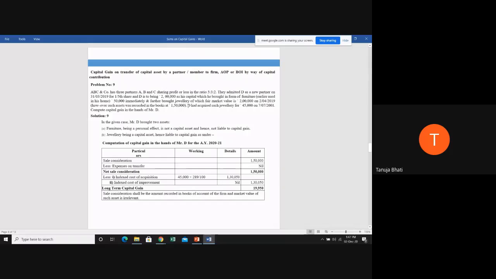He had acquired that jewelry for 45,000. So the cost of acquisition of the jewelry is 45,000, and the jewelry was recorded in the books at 1,50,000. Fair market value of jewelry was 2 lakh. So they're telling us to compute capital gains.